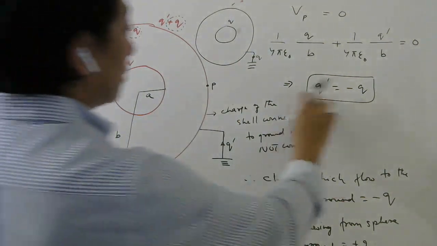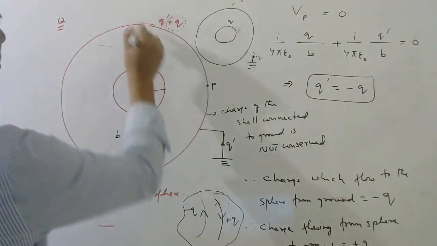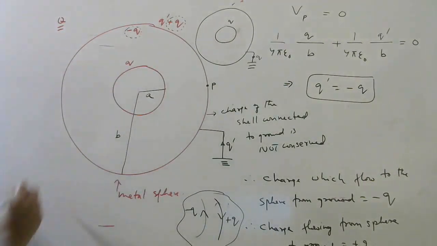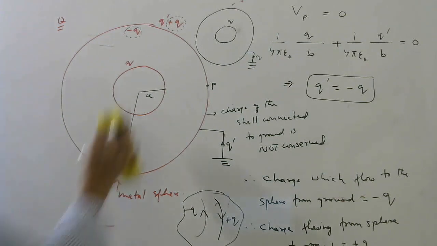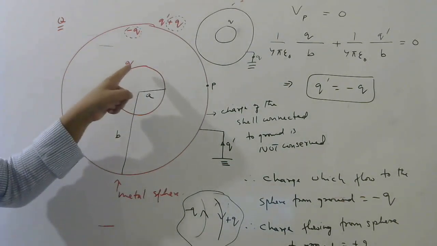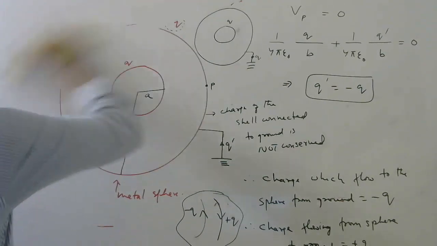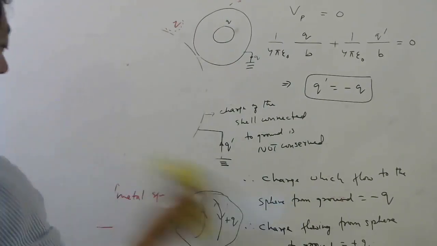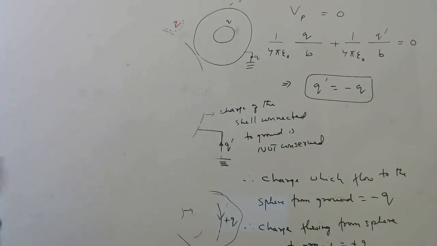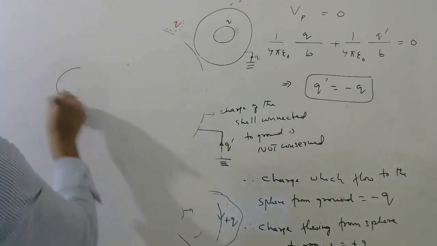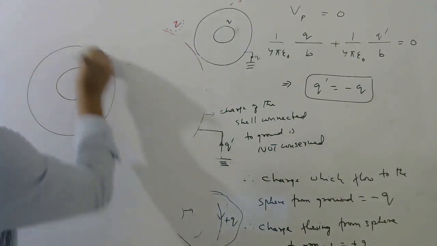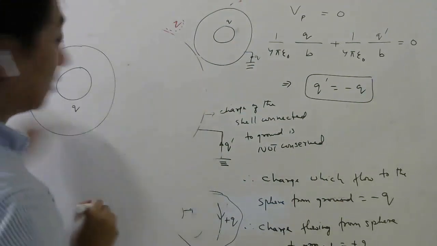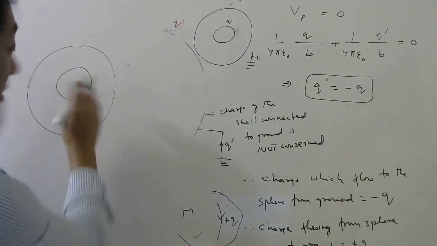So q dash is minus q means now you can tell me the distribution. This will be 0. So now can you tell me the distribution of the charge? Okay, please remember this once. Before, when I was solving problems of concentric shells, what did I used to tell, if this is q, how will the charge be distributed?